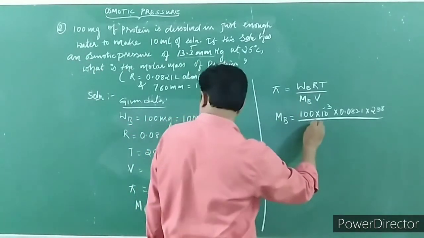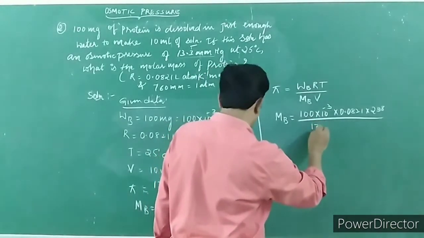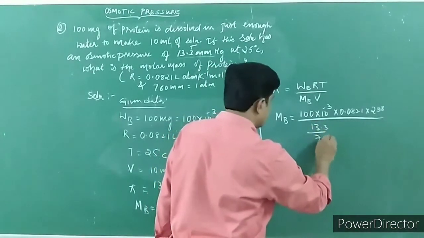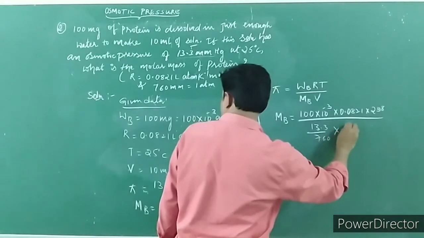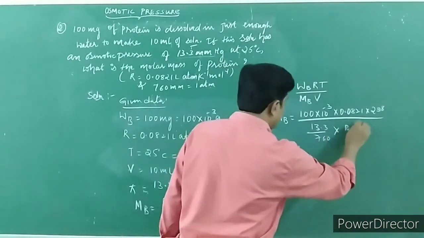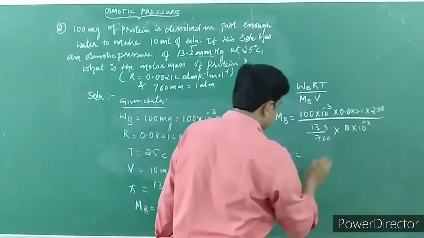And pi will come here. Pi is how much? 13.3 upon 760, into volume, which is 10 into 10 to the power of minus 3.